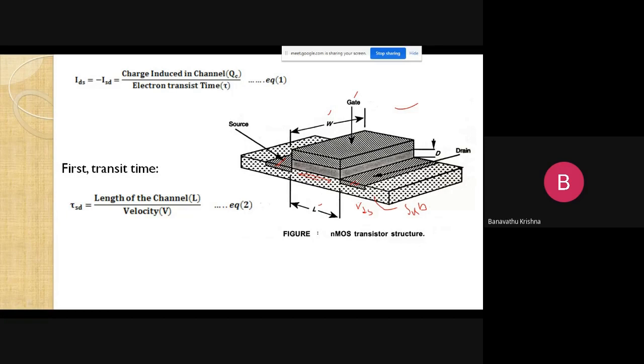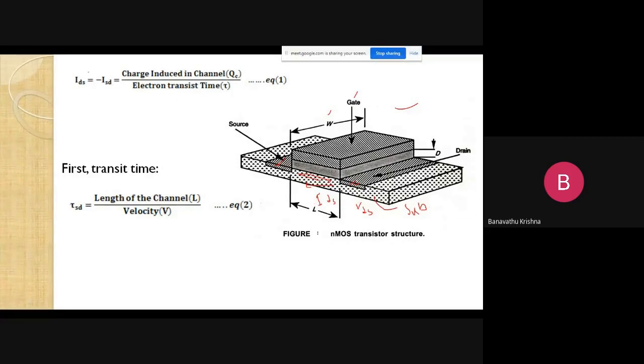Then we expect a current, which is IDS, in the opposite direction. The current flows opposite to the electron movement, from drain to source, and that is IDS.